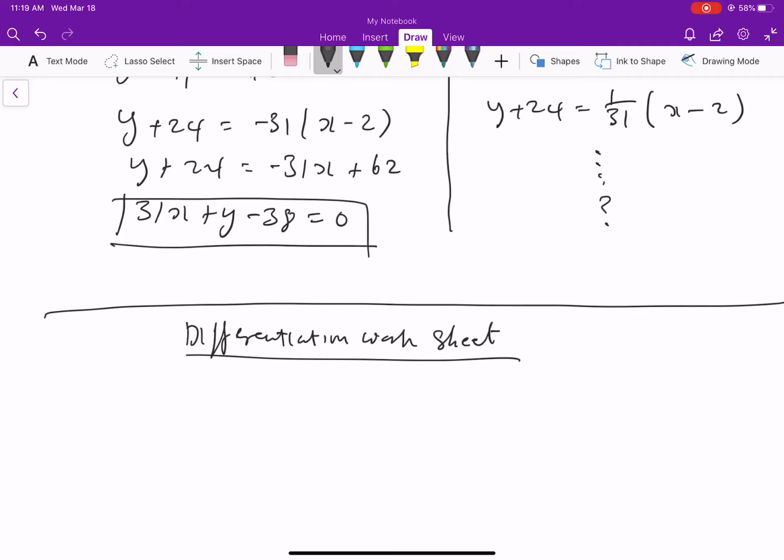Equation of the tangent and the normal to a curve. Number 1.